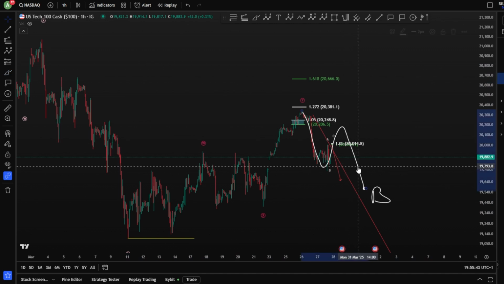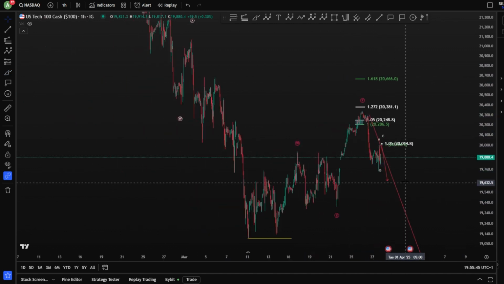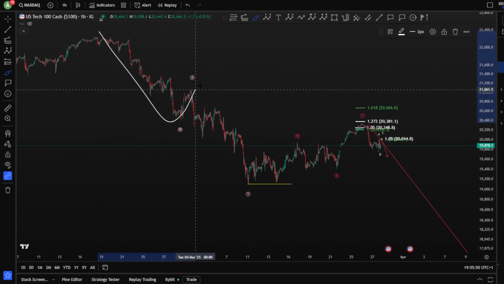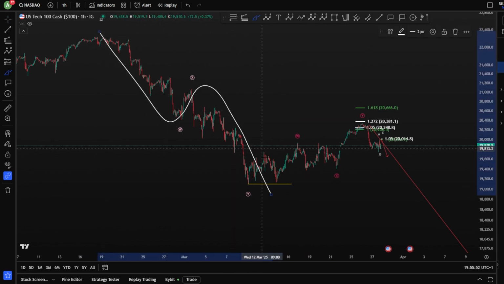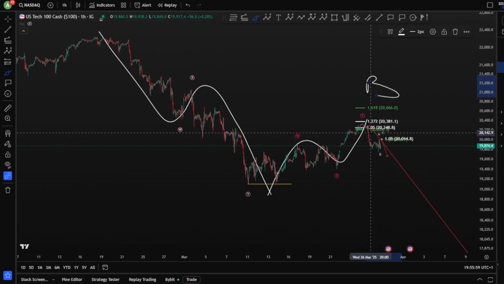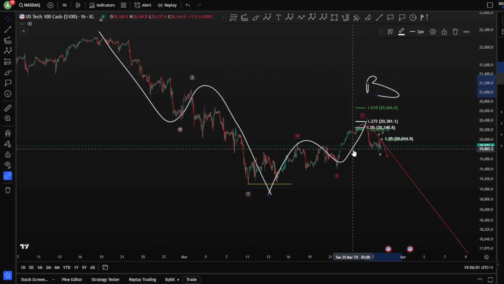This is a problem. It's a wave B at the end. Don't forget the wave B is the most complicated wave in your Elliott wave patterns. If you have 3 waves down, 3 waves up, this is your wave B, and it probably is not finished yet. This is the potential of it.